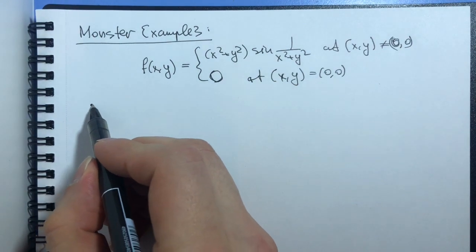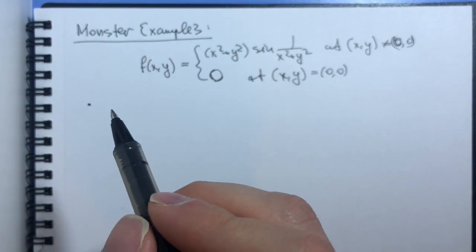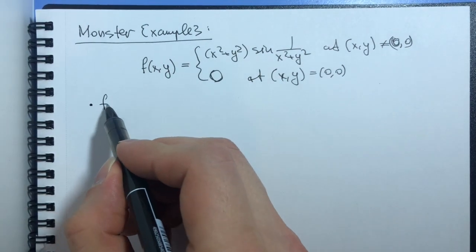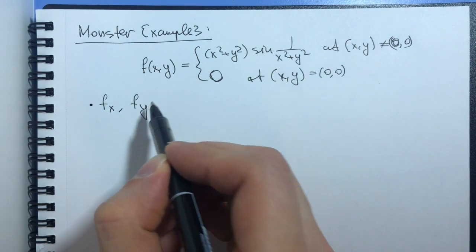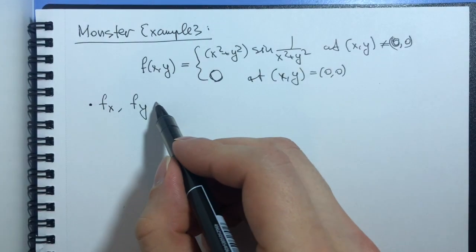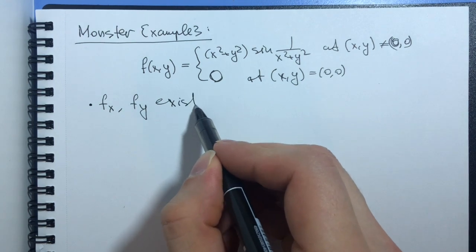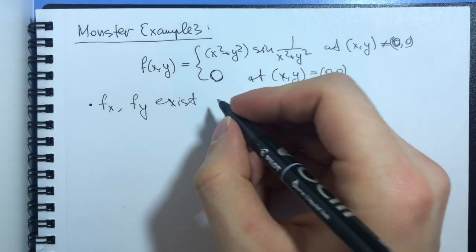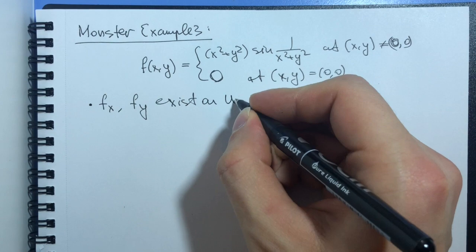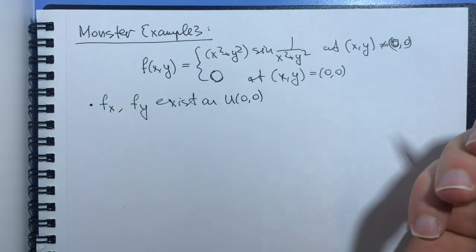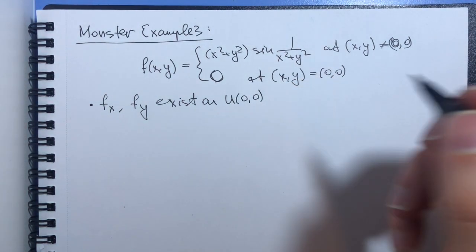So as it turns out, what we can show is that both partial derivatives exist on any neighborhood around 0, 0.